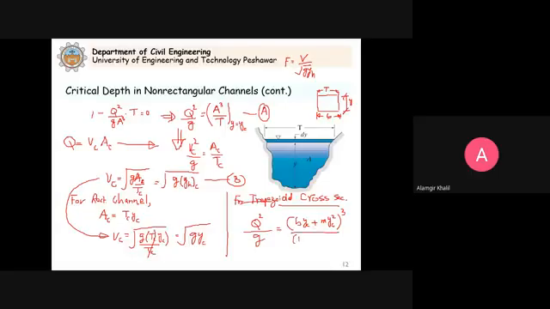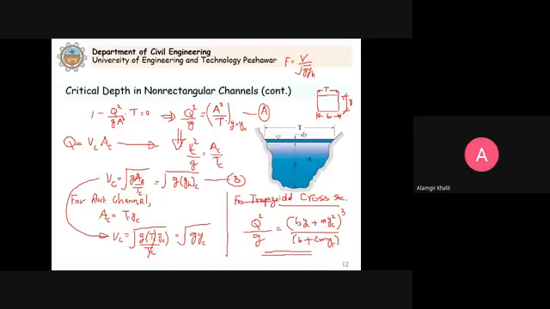The top width is equal to B plus 2 times M into Yc.